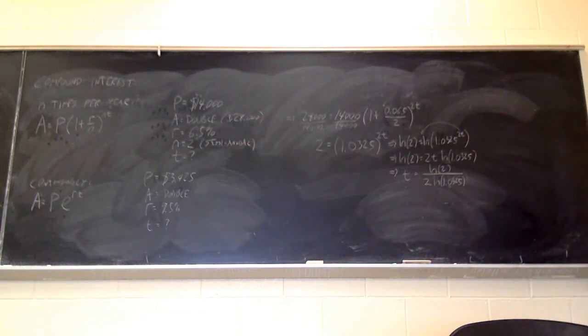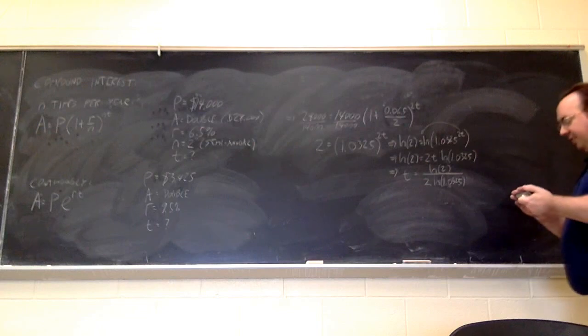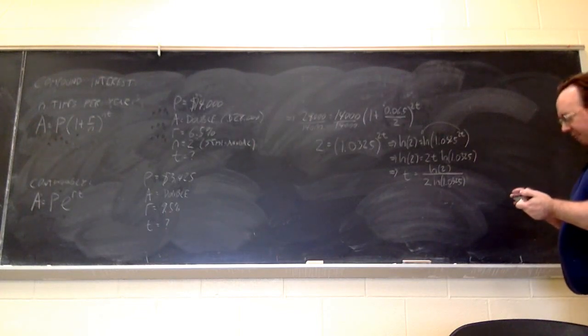Now what you can do is work that out on your calculator, and we'll round this to 2 decimal places. Okay, I'm actually going to work out the denominator first because there's more in it.